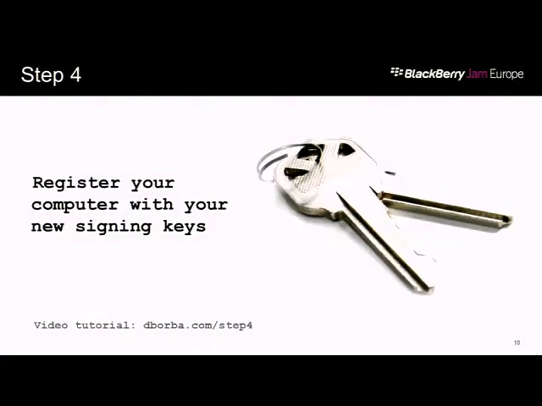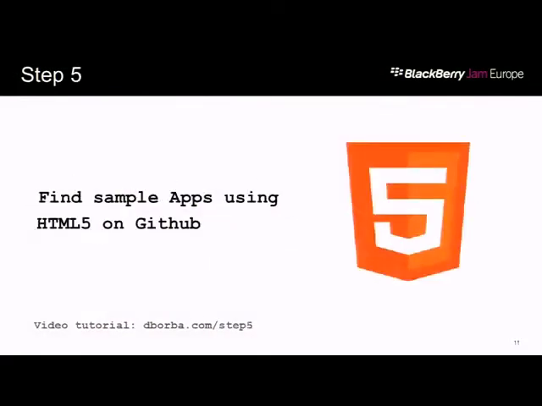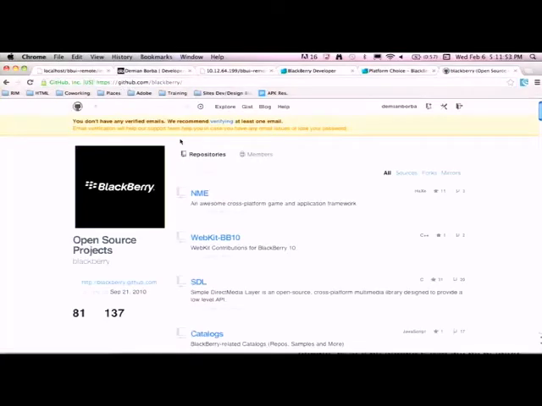All right, next step. Let's use GitHub to find HTML5 applications. You can use the command line if you want, or you can hit download. If you go to github.com/BlackBerry, here you have a lot of samples for AIR, for HTML5, for Cascades, for a lot of different technologies.